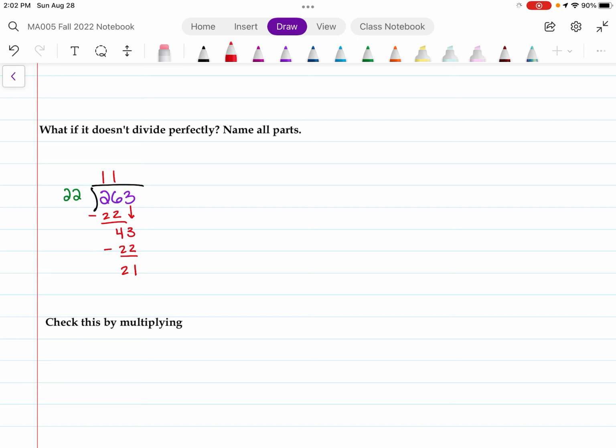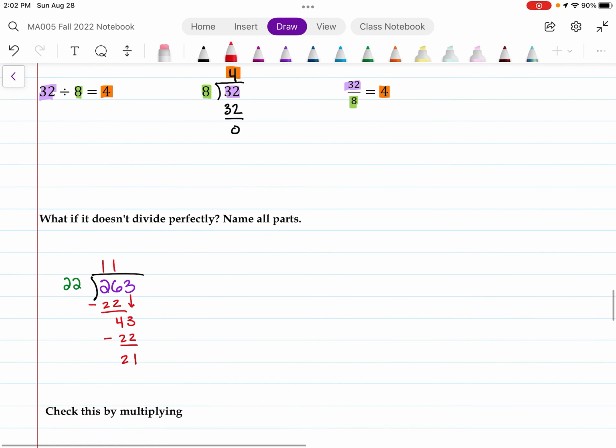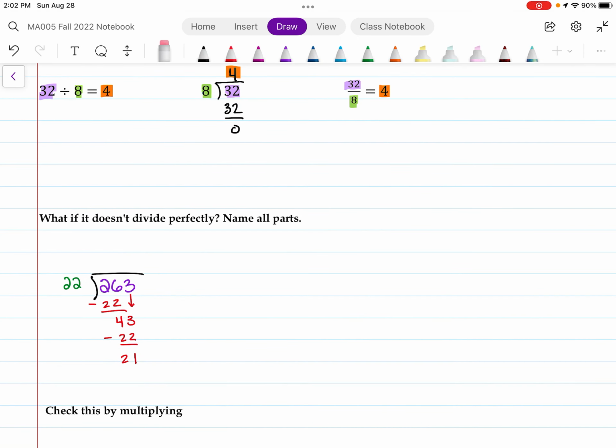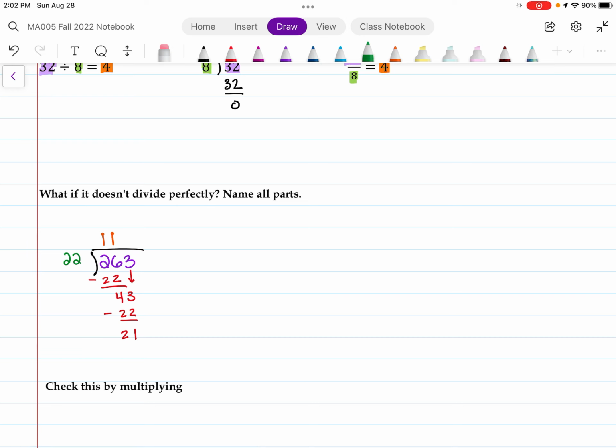So what is all of this called? So I'm going to change my 11 to be orange so that this follows our colors. Okay, so the green is the divisor. All right, the orange is the quotient.